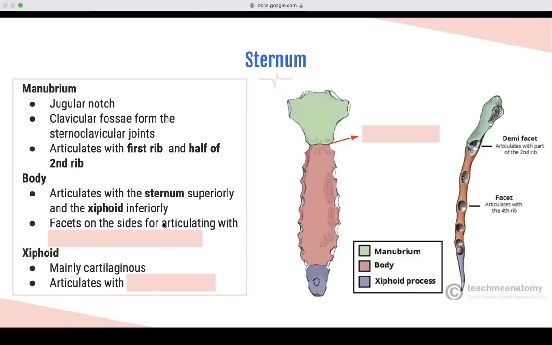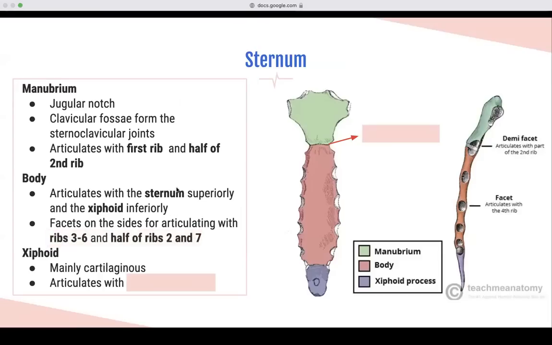Okay, and the facets on the sides are for articulating with which ribs? Do you guys know which ribs articulate with the body? Let me see chat. The true ribs, exactly. Which ribs? 3 to 6, and half of ribs 2 and 7.